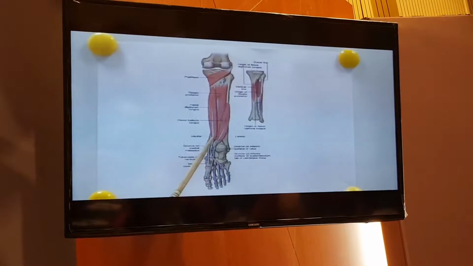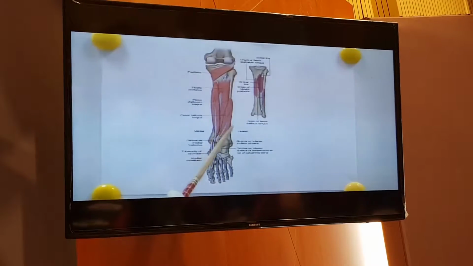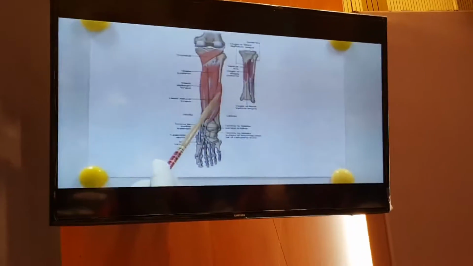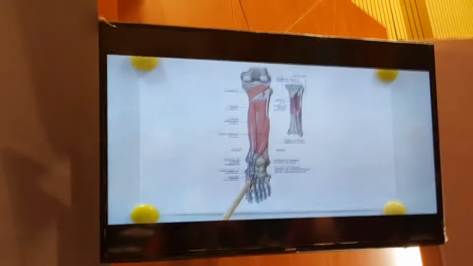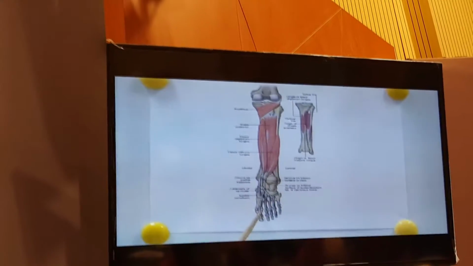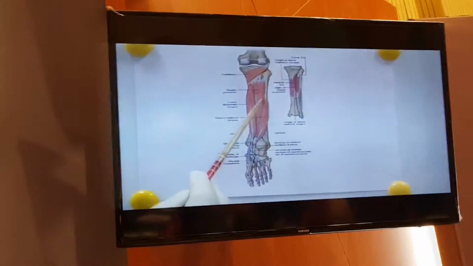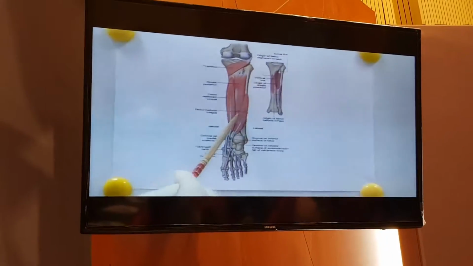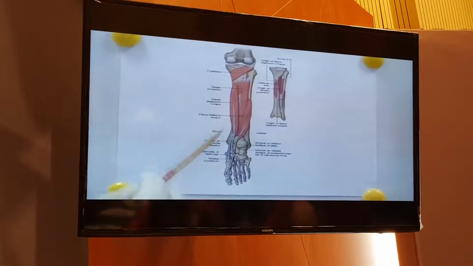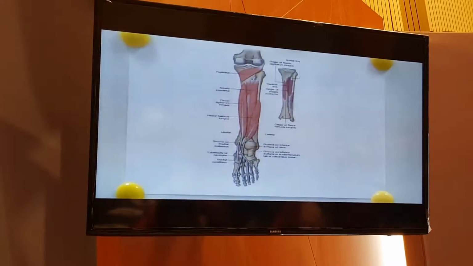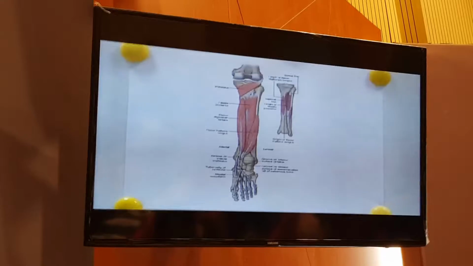The next muscle on the lateral side is the flexor hallucis longus, going to the big toe. In between is the tibialis posterior muscle. So in the posterior compartment, as I have said, you have a deep and a superficial group.